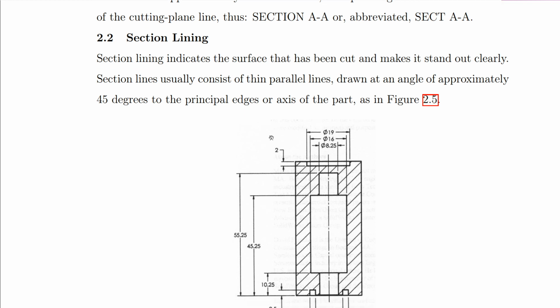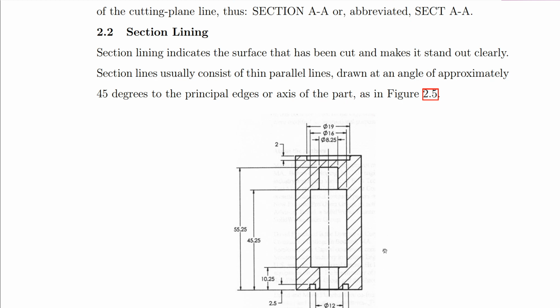Section lining usually consists of thin parallel lines drawn at an angle of approximately 45 degrees to the principal edges or axis of the part. So you look at the principal edges or axis of the part, and then you draw lines inclined at an angle of 45 degrees approximately. All right, it may not be the same throughout, but approximately 45.